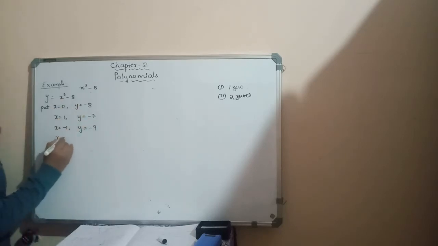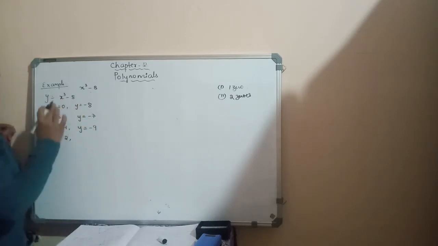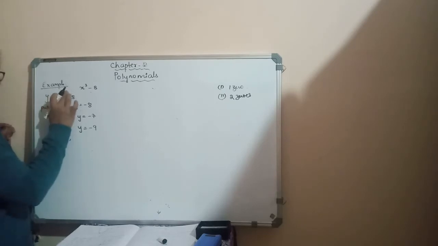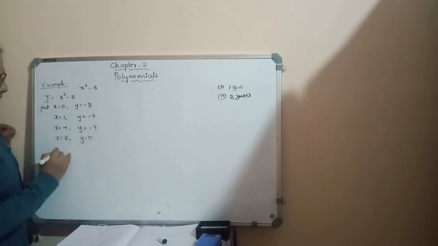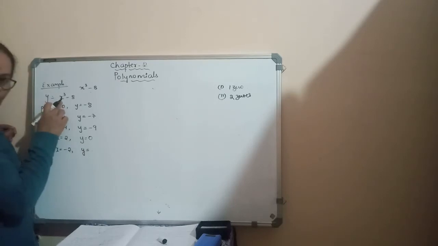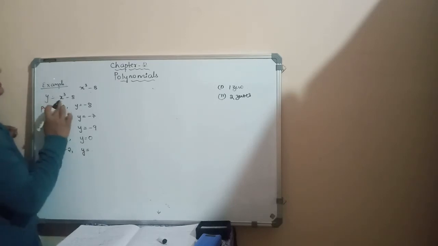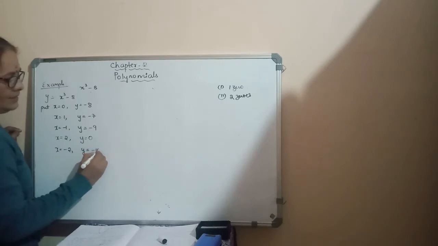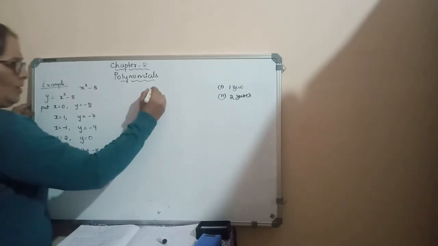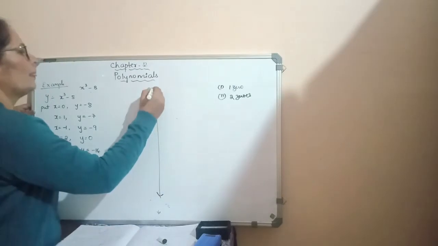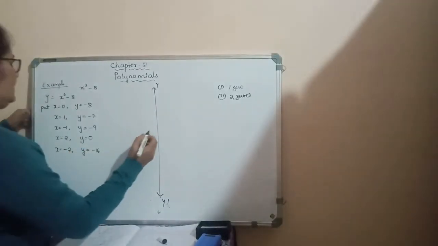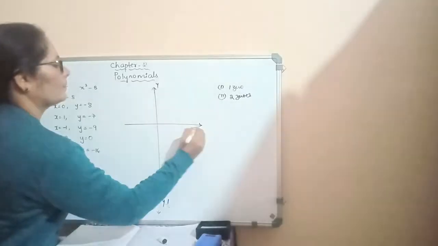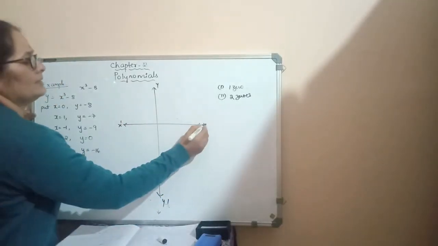Similarly, x as 2, then you will get 2 cube. 2 cube is 8. 8 minus 8 is 0. So x equals minus 2, then y equals minus 2 whole cube, which is minus 8. Minus 8 minus 8 is minus 16. Okay. Now we plot the graph for this. So y-axis and here x-axis.